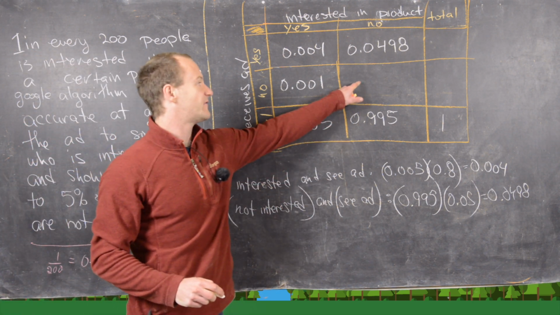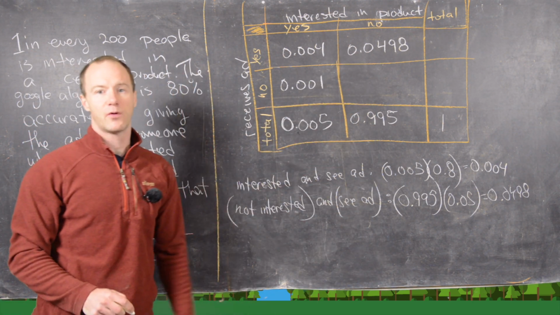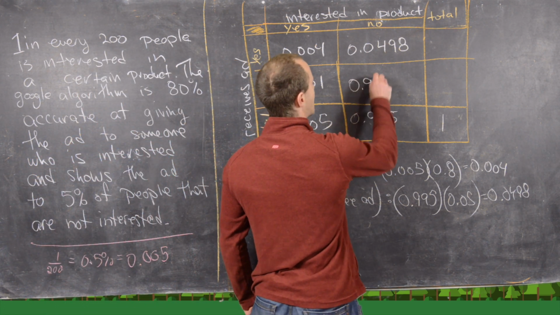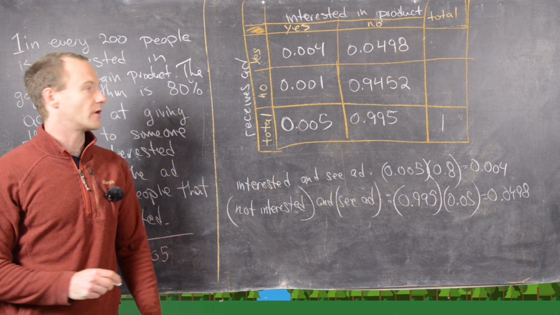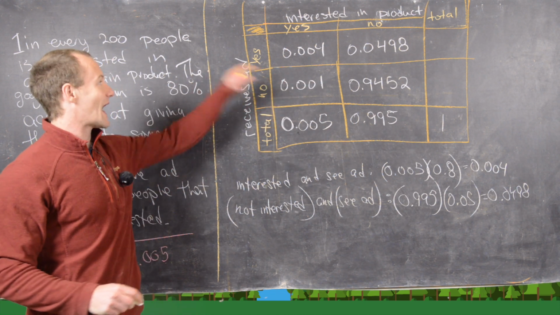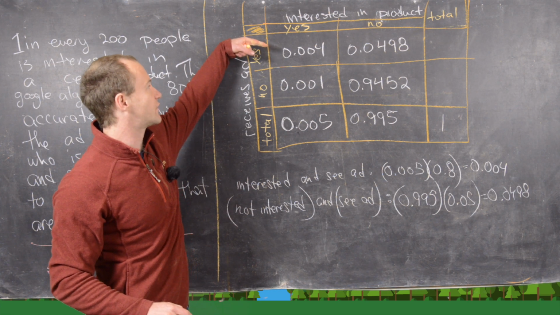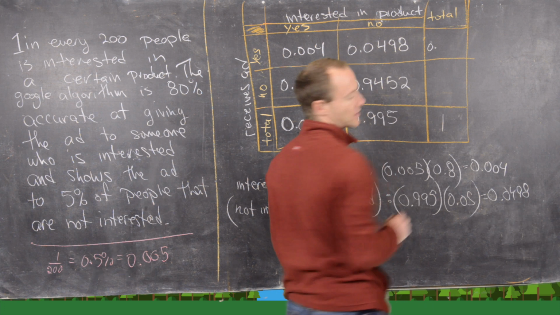Okay, and now we can fill in this because we know that this number plus this number has to be this 0.995 number, and if we do that, we get 0.9452. Okay, great. But now we can add across, and adding across on the top row, we get the total number of people that saw the ad, I should say the probability of a person seeing the ad.